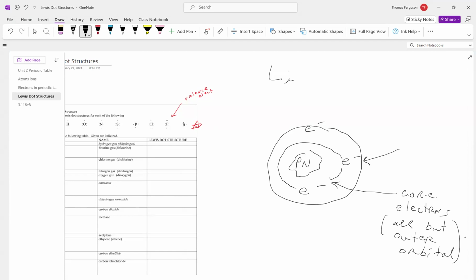The outermost orbital is called valence, and the electrons in the valence orbital are called valence electrons.